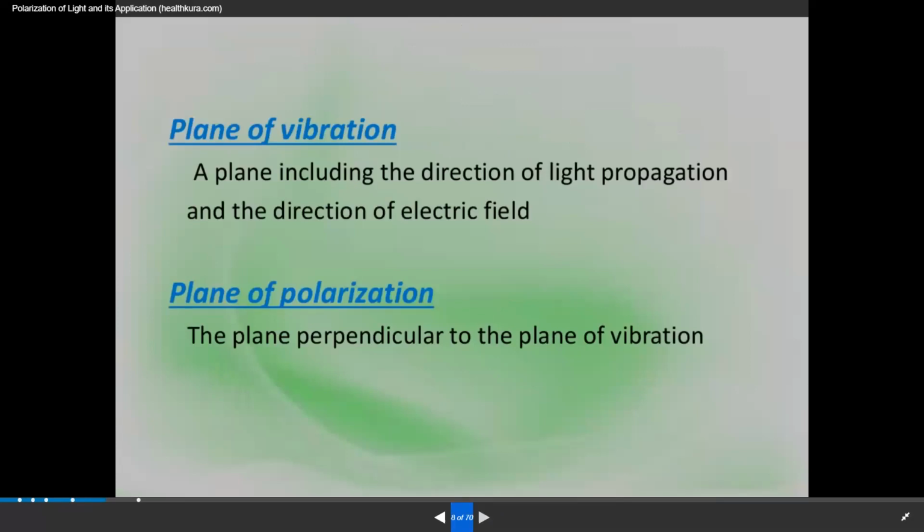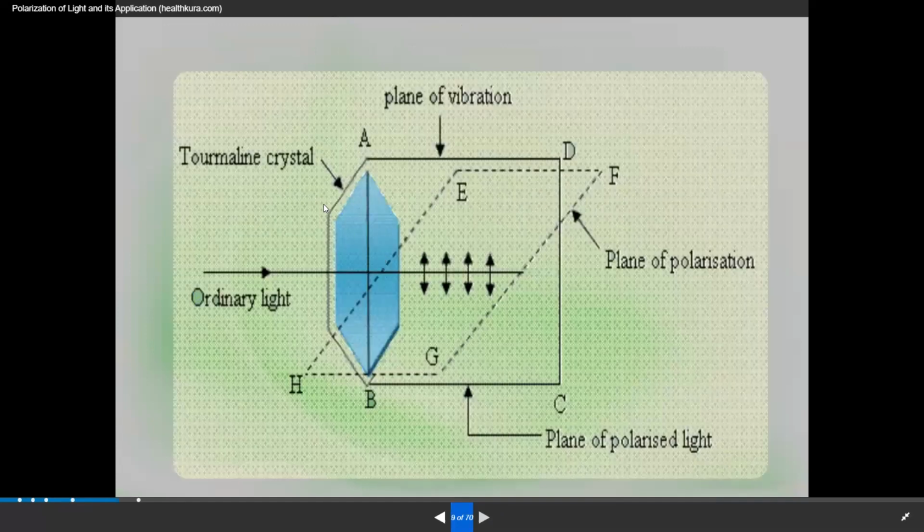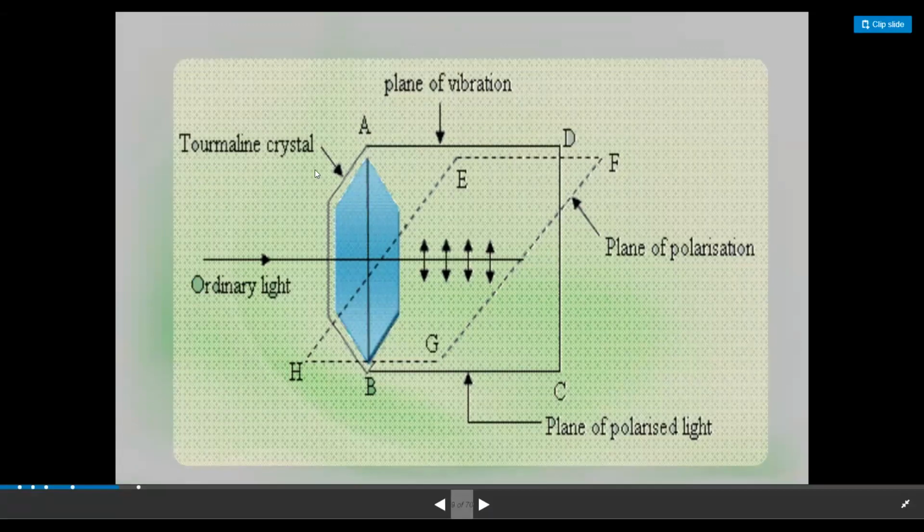Then what is the plane of vibration and plane of polarization? Here A, B, this is the crystal. Actually, it may be tourmaline or calcite crystal. Now, an ordinary light, that means unpolarized light, is incident on this tourmaline crystal.